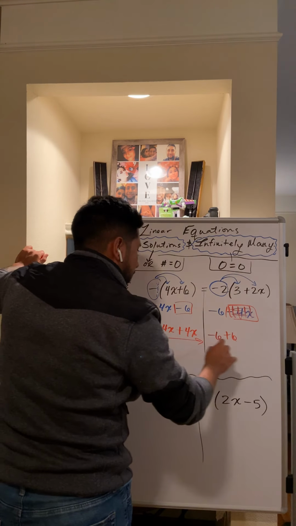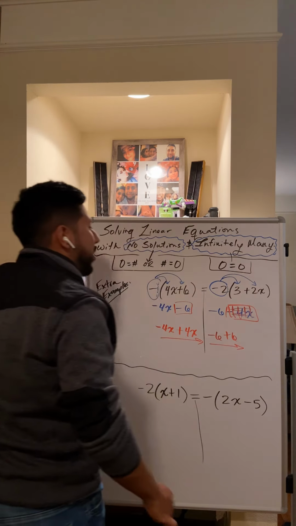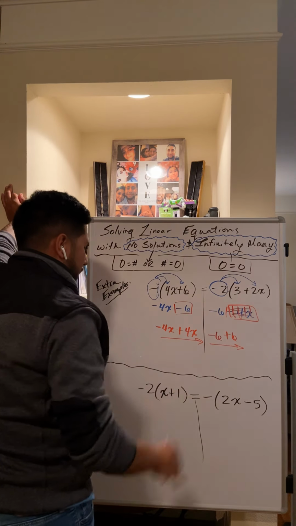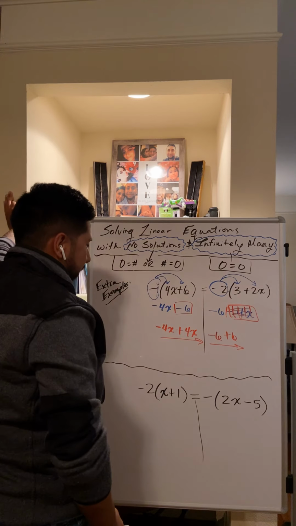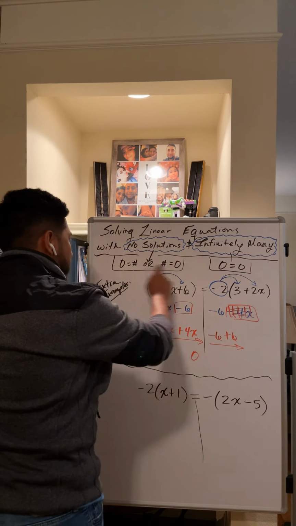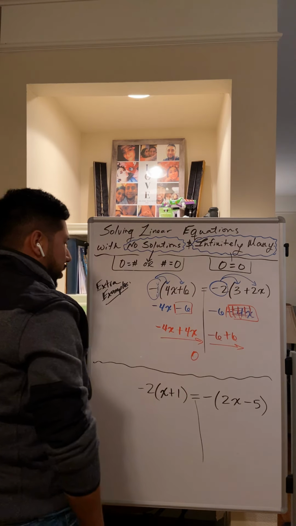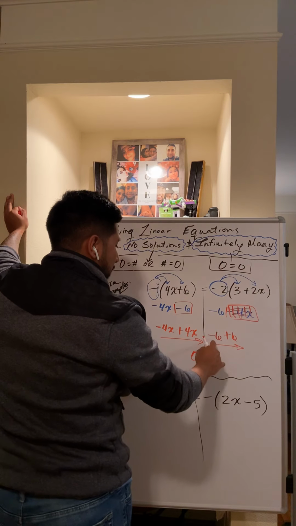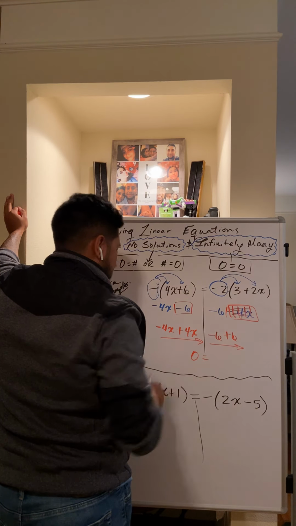Make sure you read. I'm going to keep saying it. Reading, reading, reading. -4 plus 4. Calculator. Gives me a 0. Zeros are in this type of problem. Equals -6 plus 6.